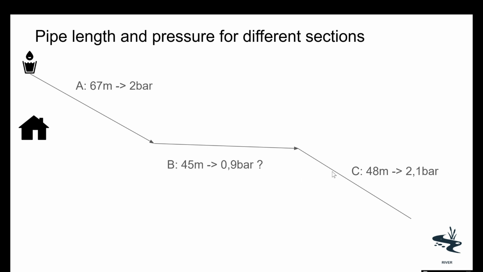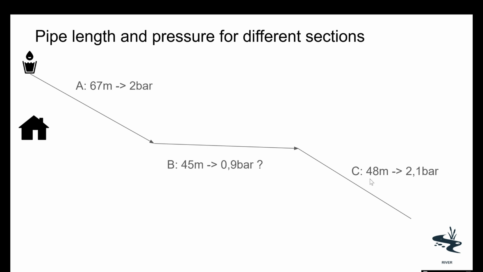And the last section begins at the end of section B and goes all the way down to the river, so that is 0.0. I can't go any further in this direction. I might just put the water intake further up to increase my pipe length.